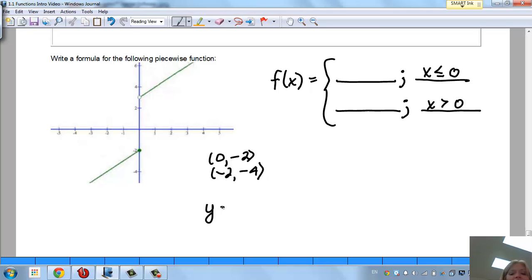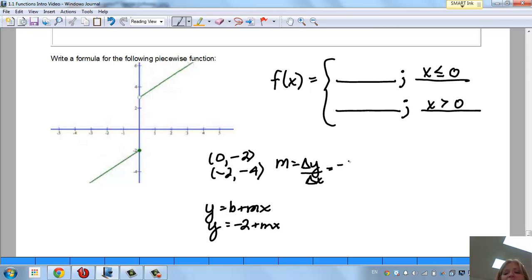So I can say y equals b plus mx. I know the b already is negative 2. I just don't know what the slope is. Okay? So if I stack and rack and do the slope for this, I say slope is delta y over delta x. So I'm going to do top down. So it's negative 2 plus 4, because I'm subtracting a negative, and 0 plus 2.